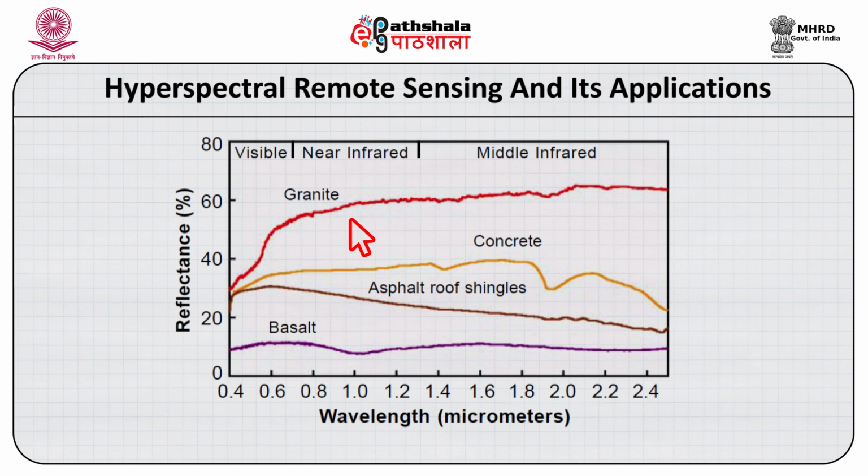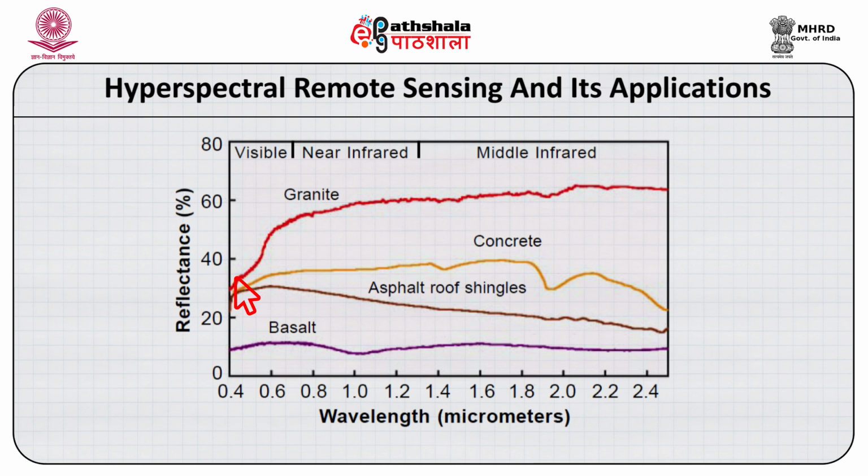Figure 9 clearly shows that basalt does not respond very strongly in all the wavelength regions from 0.4 to 2.4. If we talk about a fall rooftop, it behaves strongly in the visible region, then it goes down. Then we have concrete surfaces, which behave strongly in all the wavelength regions.